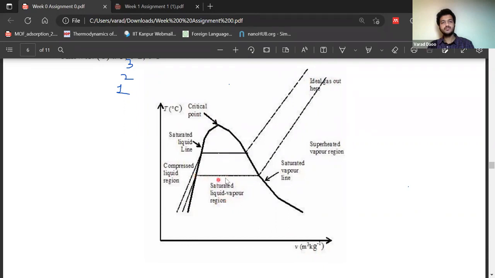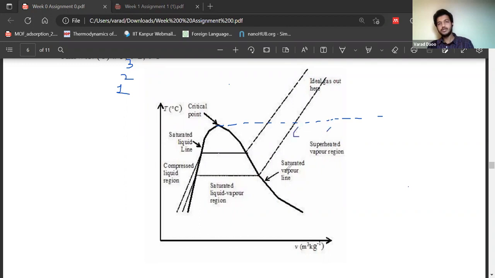So here we have liquid plus vapor. Okay. The locus of all these points is the saturated vapor line. And here we have complete vapor, and once we go in here, we have superheated vapor. So there are two ways. If you draw a line like this, this is the boundary between these two.